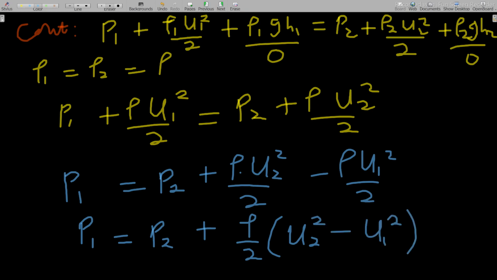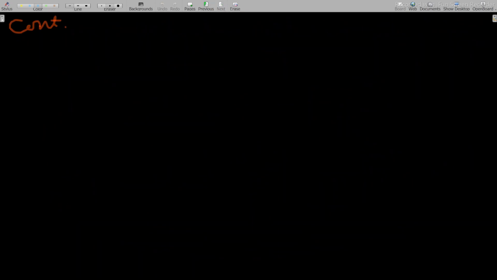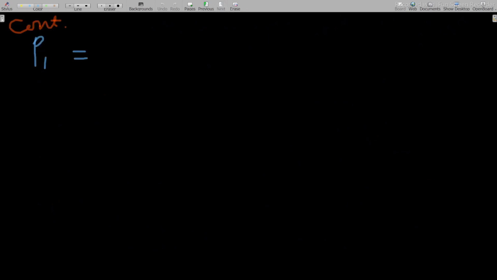Now this is very, very simple for us. We know P2, we know U2, U1, and we know ρ is the density of water, which is always 1000 kilograms per meter cubed. So therefore our P1 will be equal to P2, which was given as 1 times 10 to the 5 Newton per meter squared.